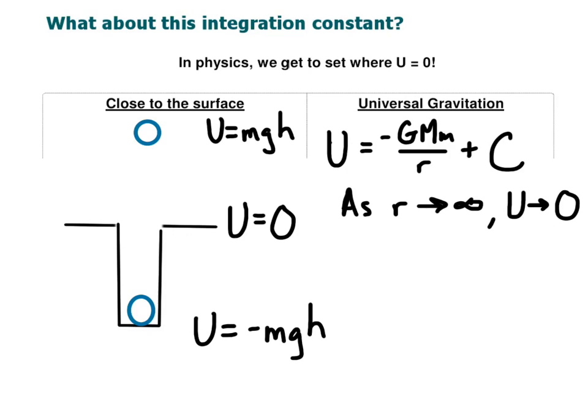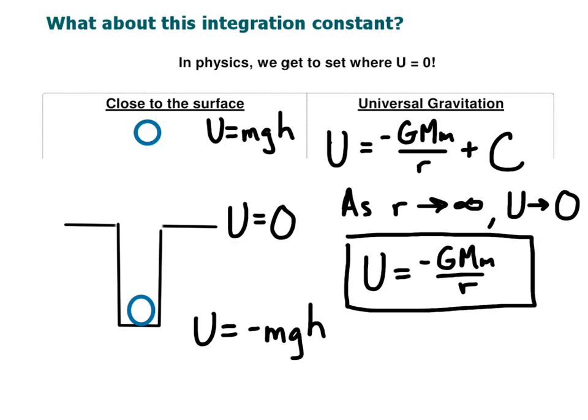Not at the surface of the planet, but out at a distance that approaches infinity. What that does is effectively mean that the integration constant is zero. So really the formula that we use in physics for gravitational potential energy is negative big G, big M, little m over r.